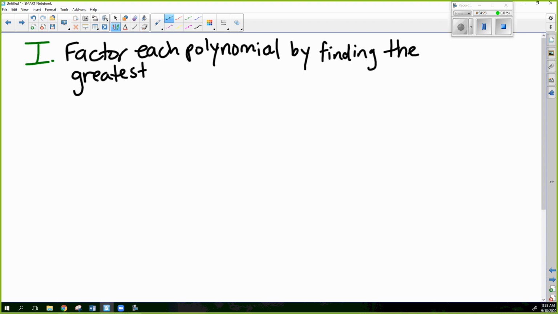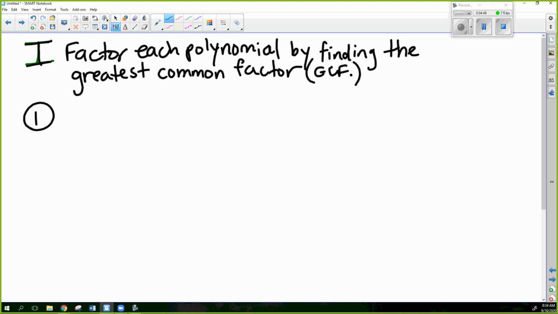Anybody remember how you can abbreviate that? Greatest common factor? GCF, good. So from now on, I'll just say find the GCF. Okay? All right, so now that we're into another section, I'm going to start over at number 1. And we're just going to start with the basics and build from there.